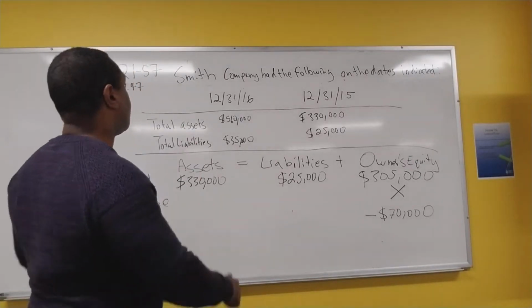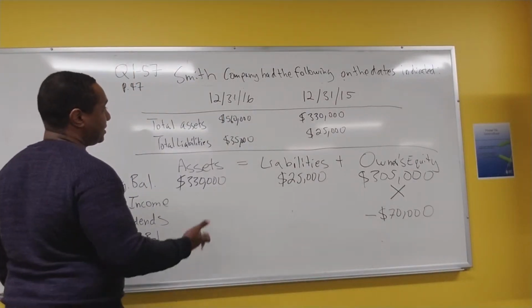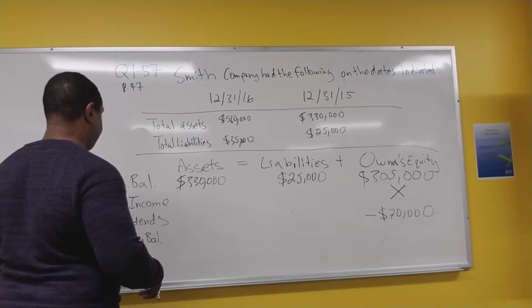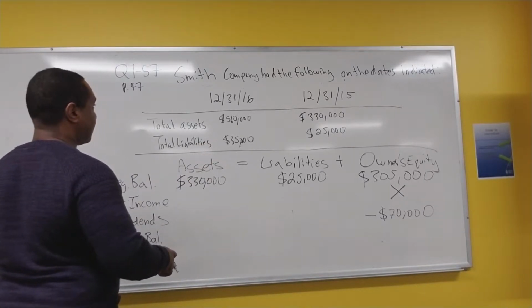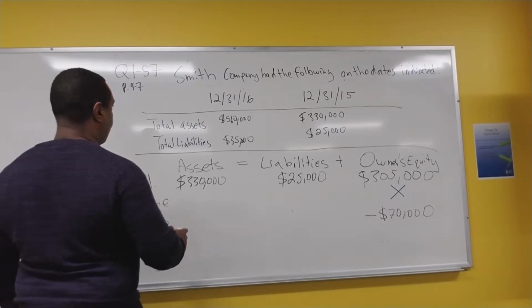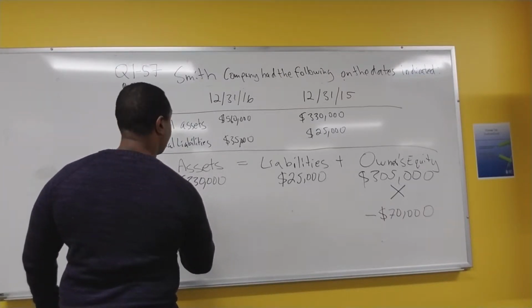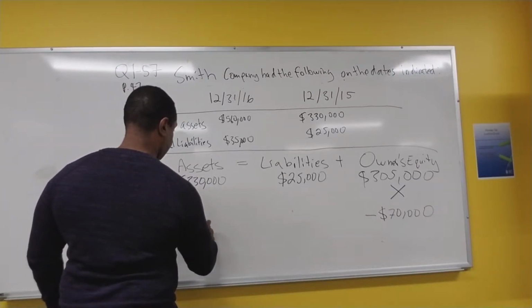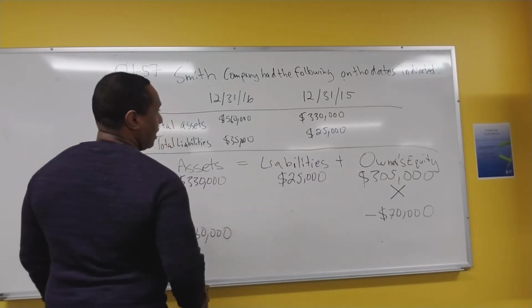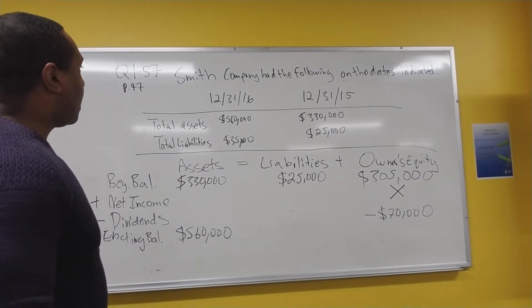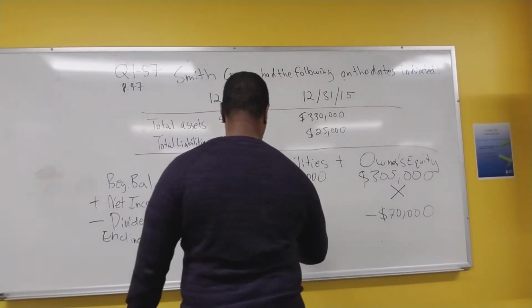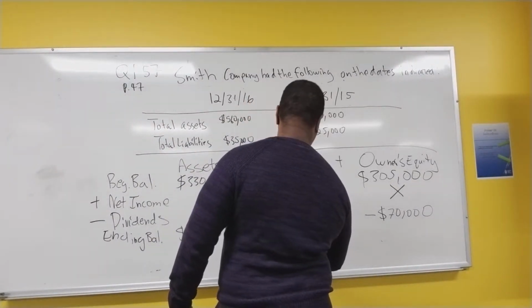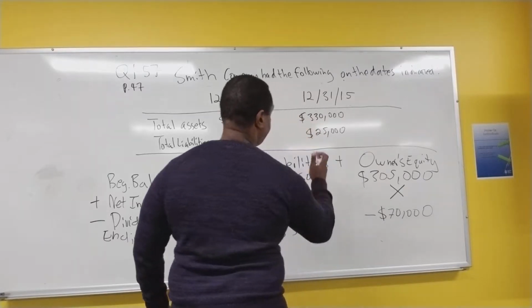On 12/31/16, the end of 2016, the ending balance for the assets was 560,000. And the total liabilities were 35,000. So do you see that?